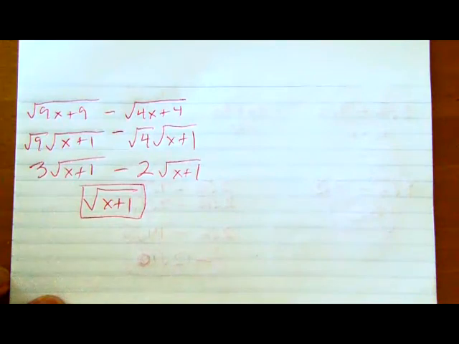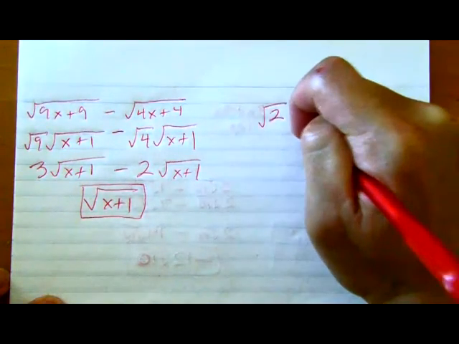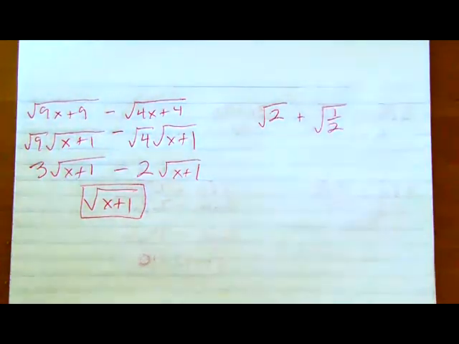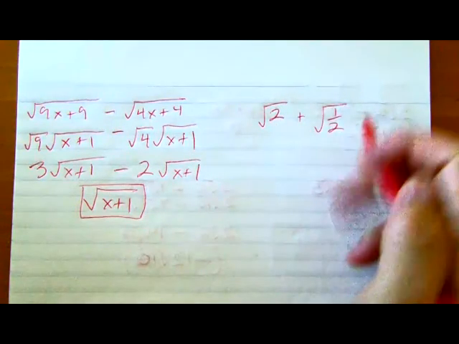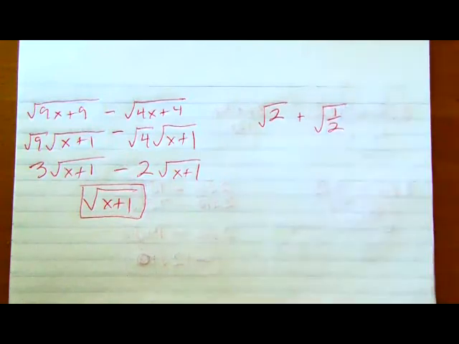Let's make this a little more challenging. Radical 2 plus radical half. You can't simplify either. However, there's a radical in the denominator. We can't have that.